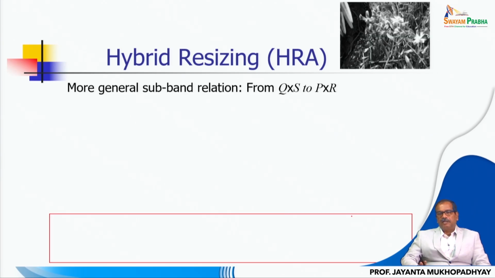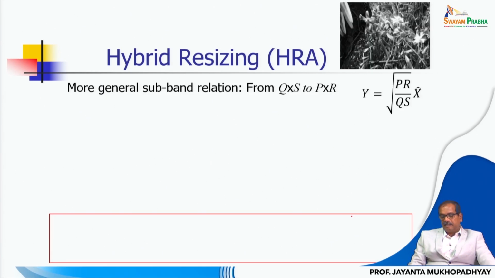A single block is either approximated to make a larger block. So you have an n cross n size and you make it larger, L cross M times that block, or you can have n cross n and make it smaller by the factor L cross M. But in this case, I will consider directly Q cross S blocks to P cross R number of blocks, all of size n cross n.